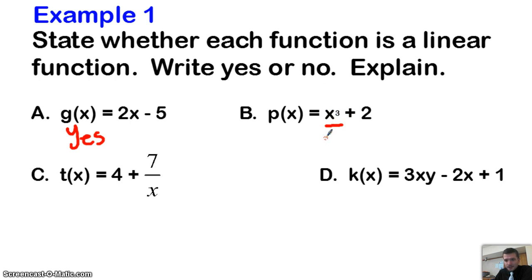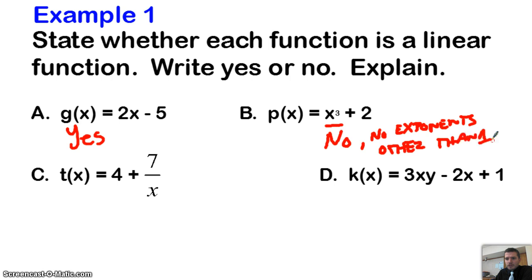It's not a linear function, so this one is going to be no. I'll say no exponents other than 1, because you can have 1. You guys get the idea, hopefully.